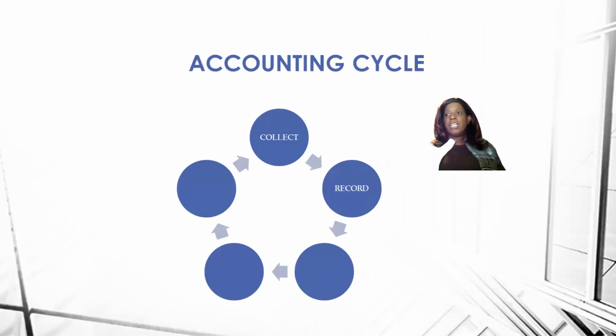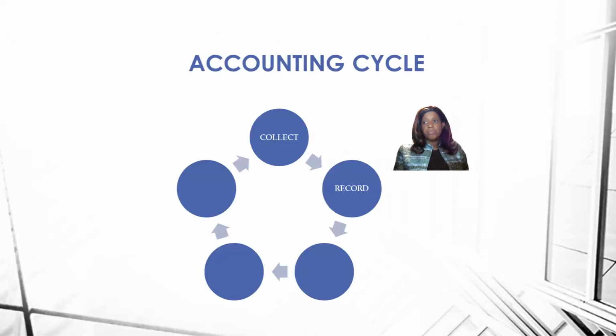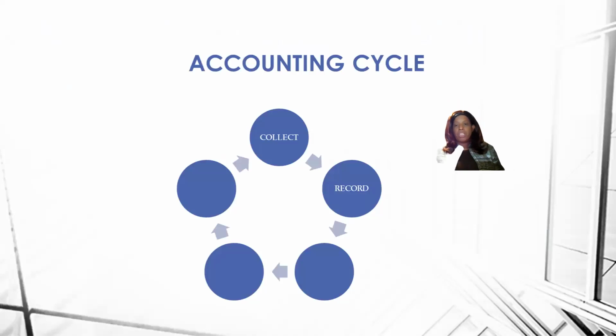Why do you need to understand all of these systems and all of what I'm talking about today? It is so that you can maintain accurate financial records and provide meaningful information. So when we say meaningful information, let's say Mr. Allen wants to go ahead and borrow money from a bank. He needs to have financial statements.